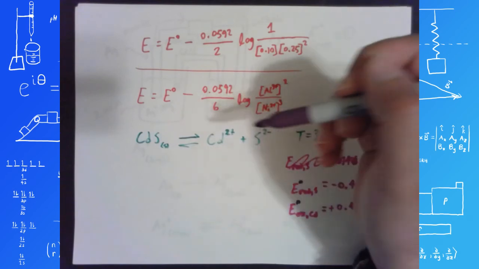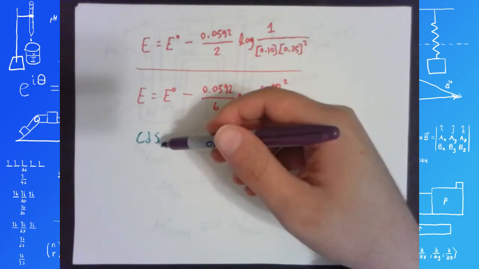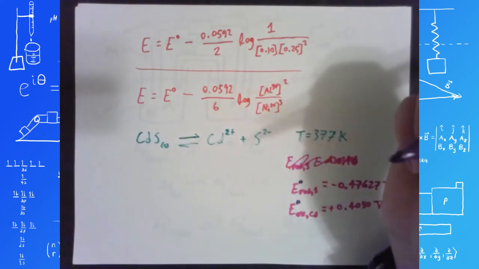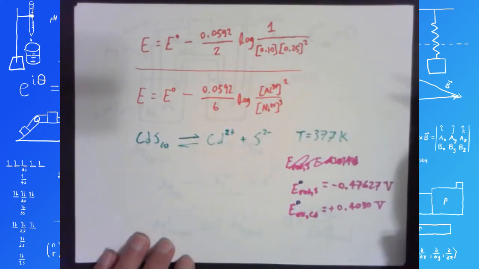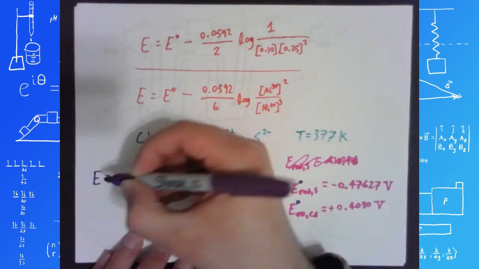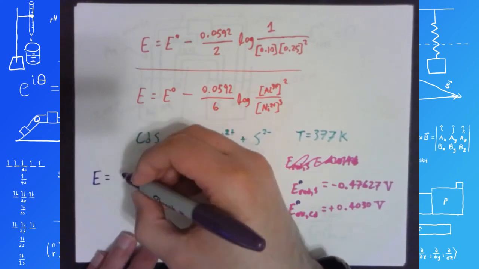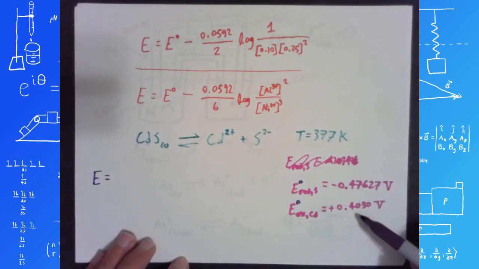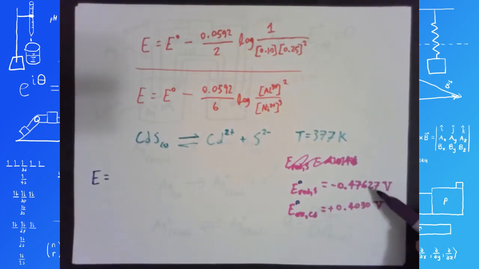This is the dissolution of a highly insoluble solid. Okay, so E is equal to E standard, which is 0.4030 plus negative 0.47627.